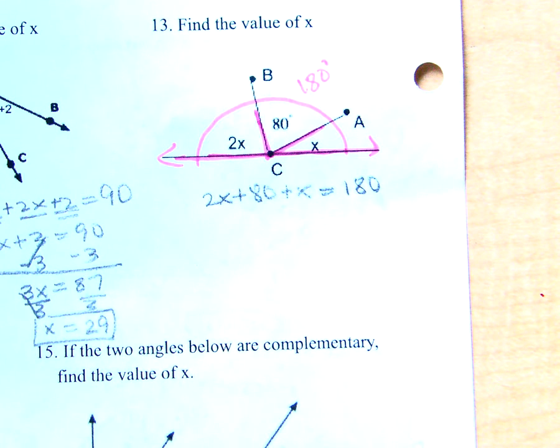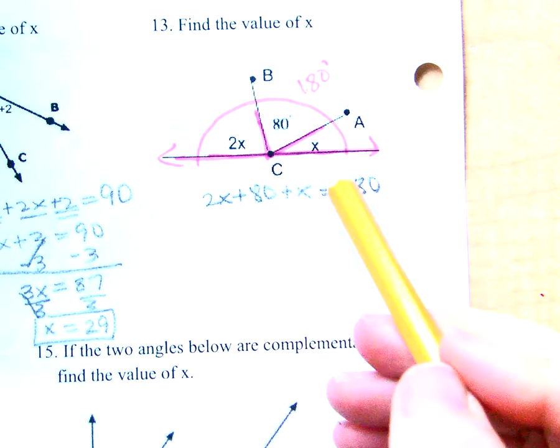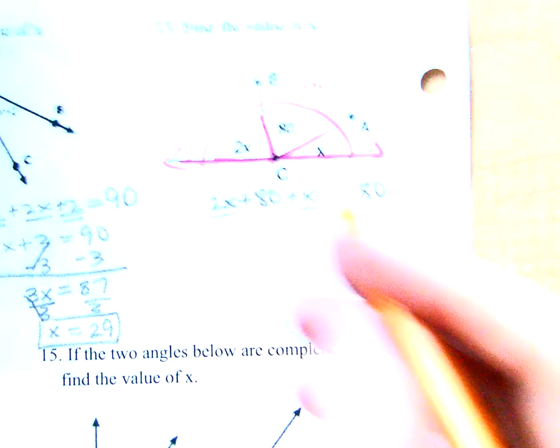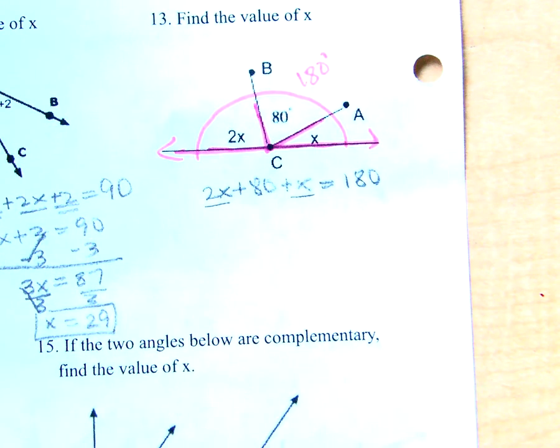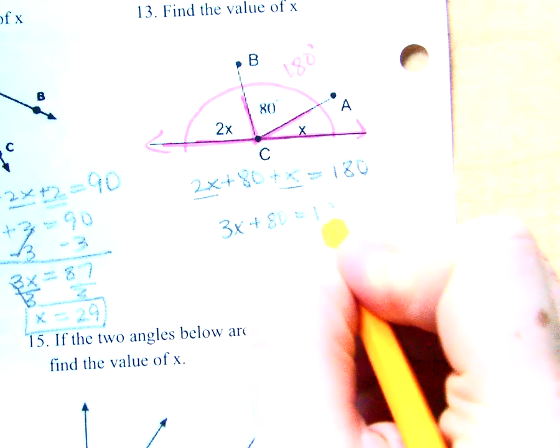Okay, I apologize. When I combine like terms here for my 2x plus 80 plus x, the 2x and the x come together to make 3x. So we have 3x plus 80 is equal to 180.